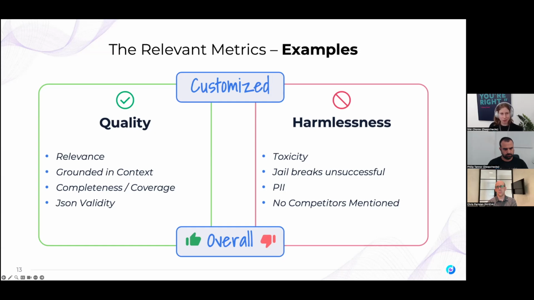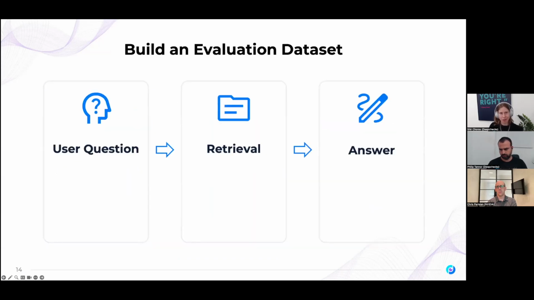So, I built an LLM app. Cool, I know that I have a user asking questions, and then I have some, let's say, medical records being brought in, and then an answer being formed. However, what do I want to check that this app works properly on? Here, we split it into two. One is evaluation for the purpose of, does it work properly in the context that it's supposed to?